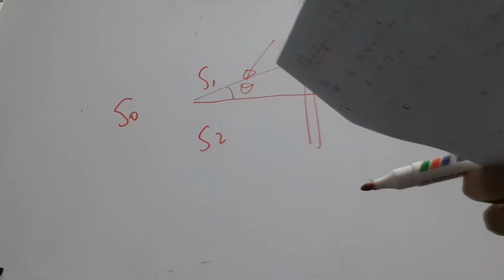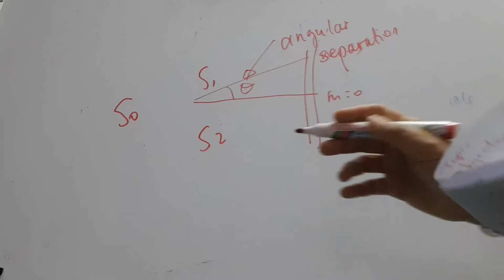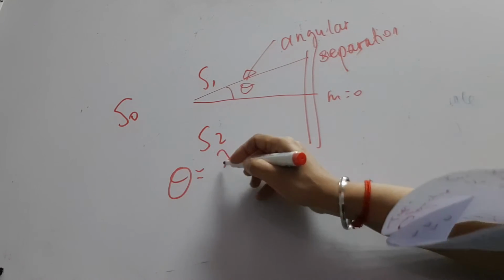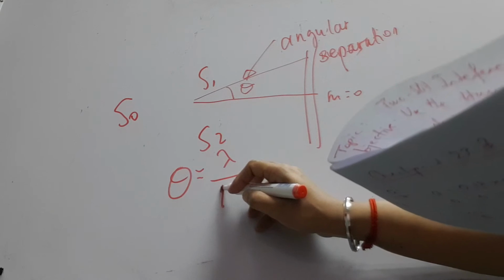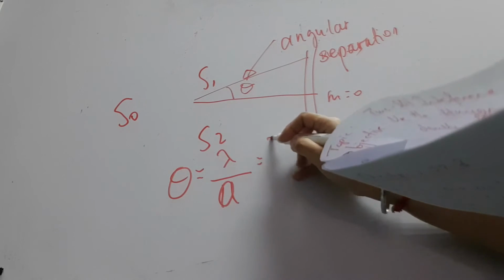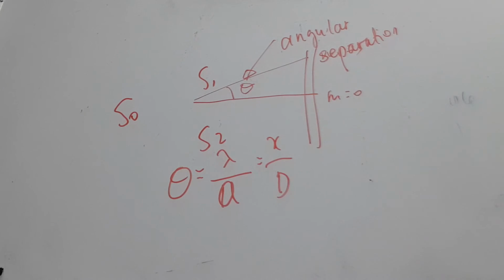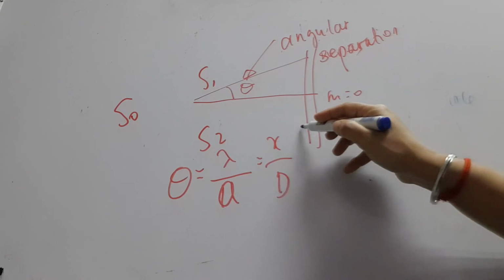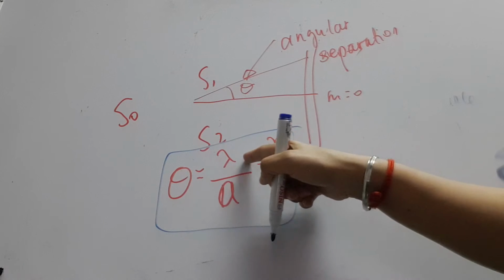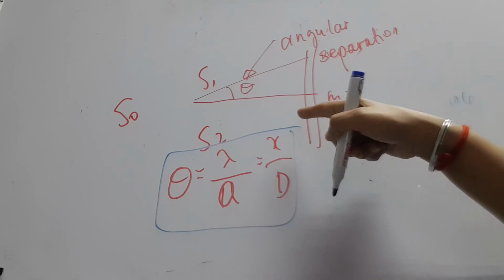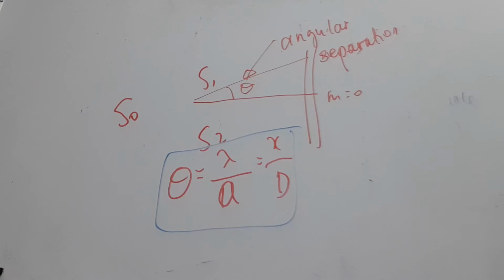The angle theta here, the teacher will write as theta equals lambda over a, equals x over d. Please write this down. So the formula for angular separation is lambda over a equals x over d.